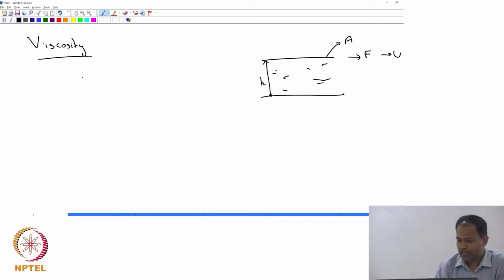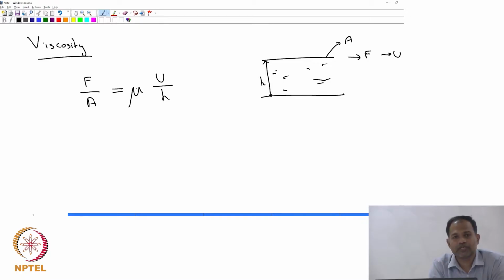You would say that F by A is essentially proportional to U by h, and you would have made it an equal sign by defining a coefficient of viscosity mu.